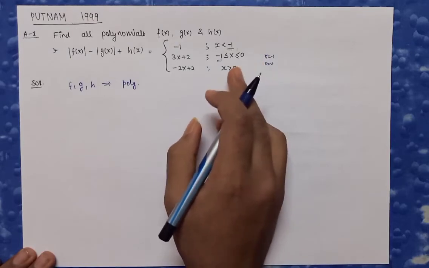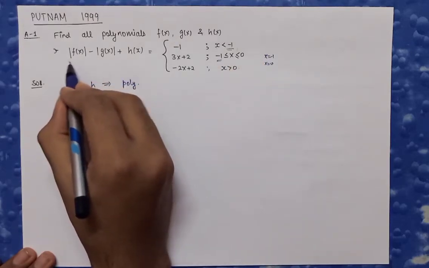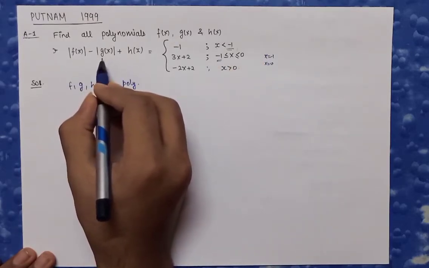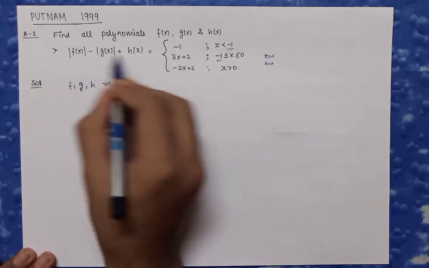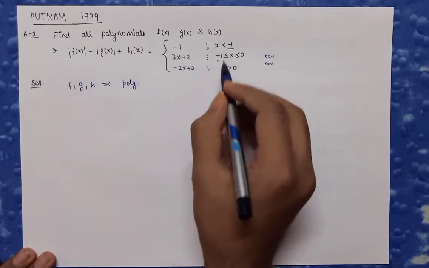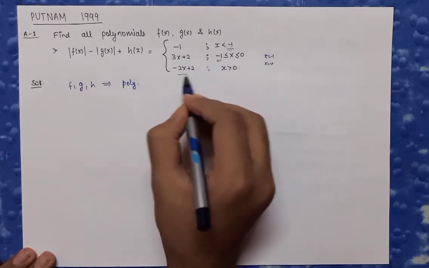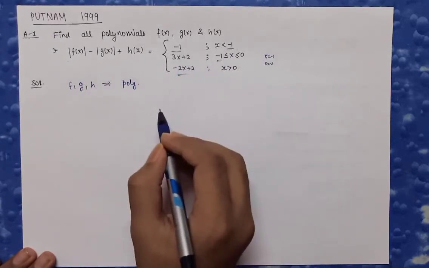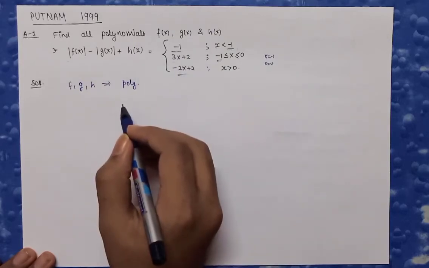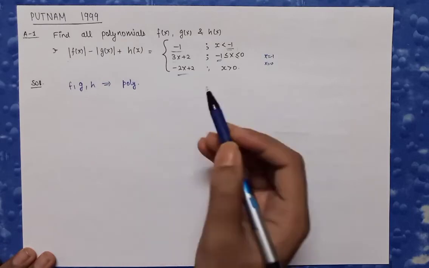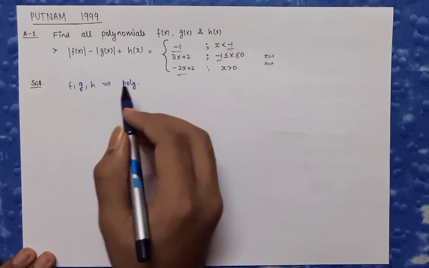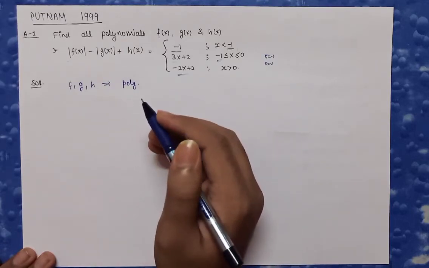These splits are caused due to the presence of this modulus function, and the output which we are getting after manipulating this whole function at different intervals are linear functions. We can clearly observe that. So from here we can simply argue that f, g and h must be a linear kind of function. It must be of form ax plus b.